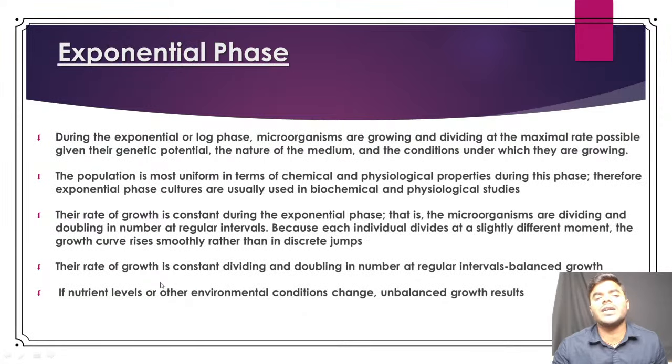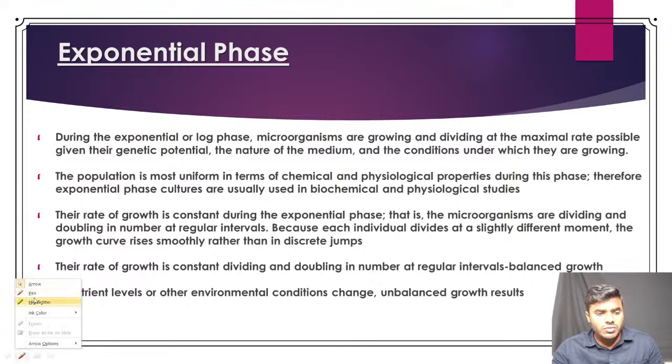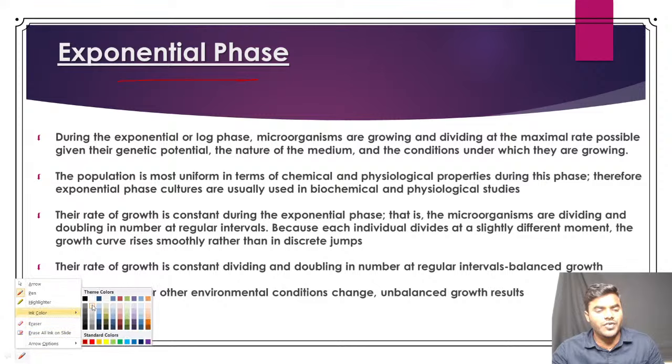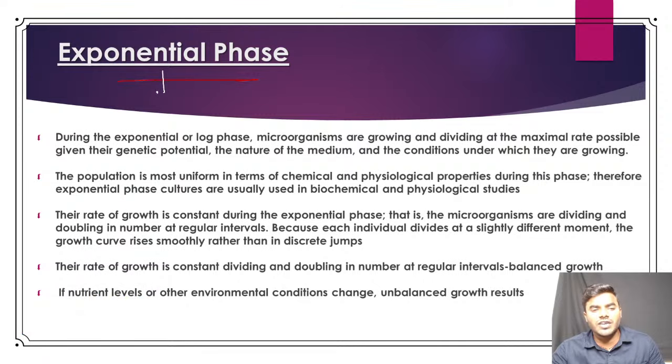Now, friends, the most important one, that is the exponential phase. Among all the phases, what is the most important phase? Undoubtedly the exponential phase. What is happening? Friends, when we use the word exponential phase, most of the students will think that the microorganisms grow abundantly and more in number in an irregular fashion.